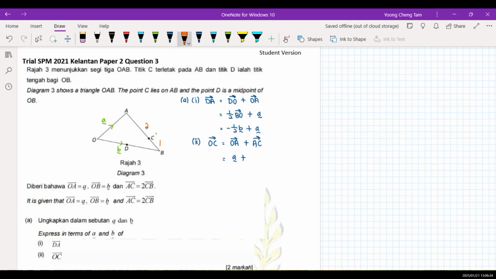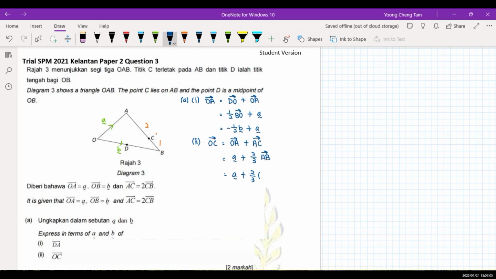So AC will be 2 over 3 of AB, because the ratio for AC is 2 and the total ratio is 3, which is 2 plus 1. Now continue. So it will be A plus 2 over 3.